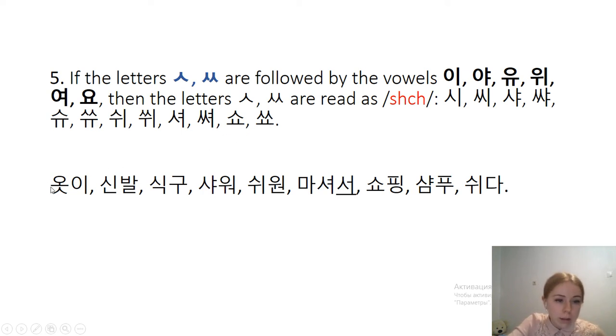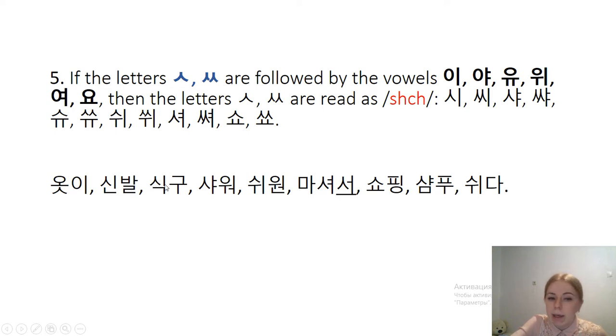And let's look through some words. It's 오시, s plus e. If they meet, so it's the combination of s or double s plus e, ya, u, wi, yo. So it's such an example. 오시, s plus e, 시. Here is the same, 신발.